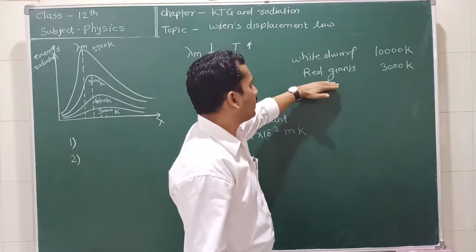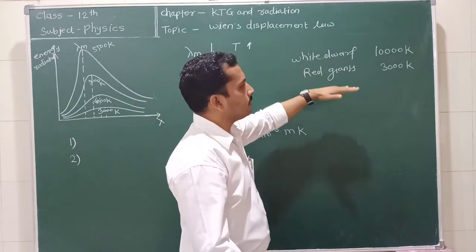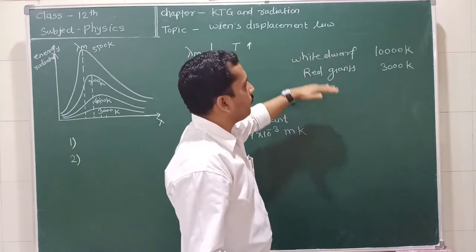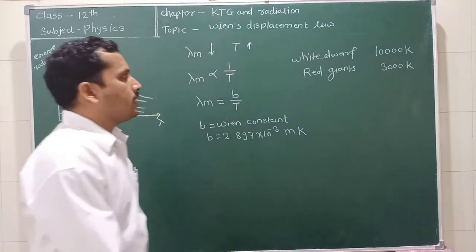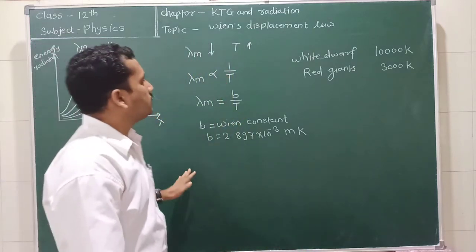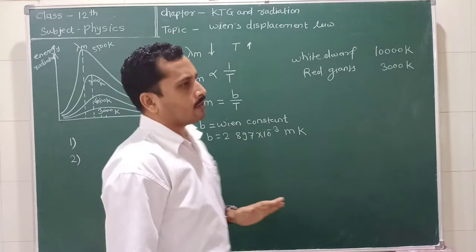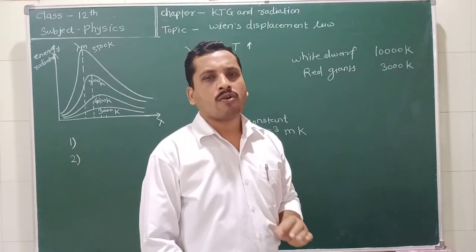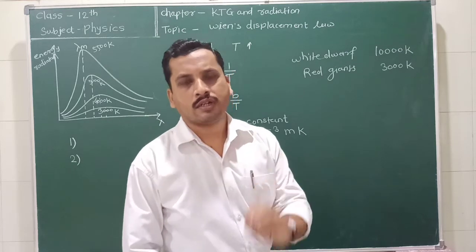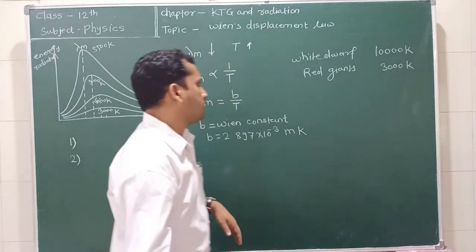The wavelength of red color is maximum, and as we increase the temperature, the wavelength goes on decreasing. So this is Wien's displacement law. By using this displacement law, we can determine the surface temperature of very distant stars, for example the Sun.